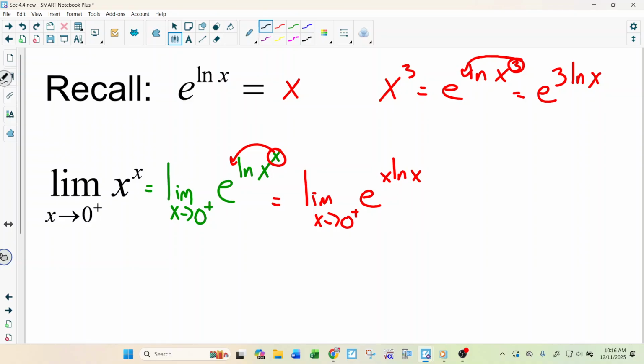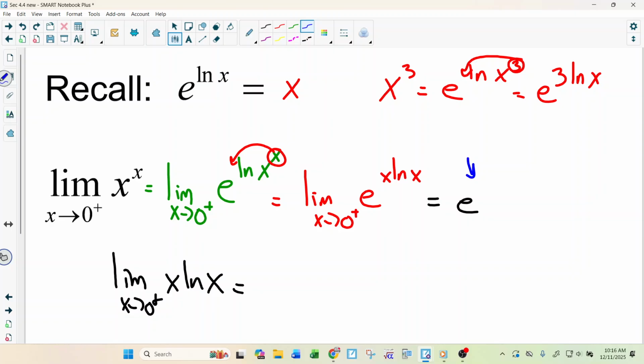Now, e is just a number, isn't it? So that doesn't change. This right here basically is going to be e to whatever the limit of that exponent is. So really what we have to consider is, what is the limit as x goes to 0 of x natural log of x? Because whatever that is, that's just our exponent right there. Does that make sense?